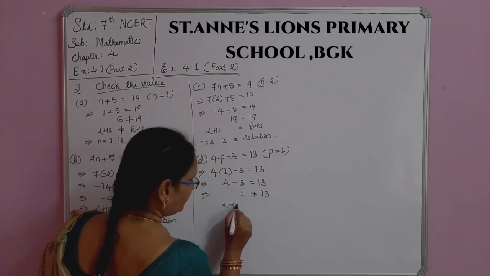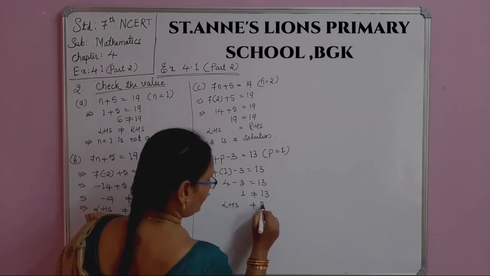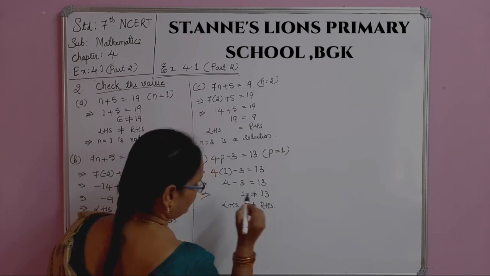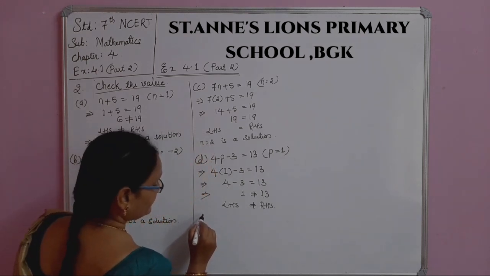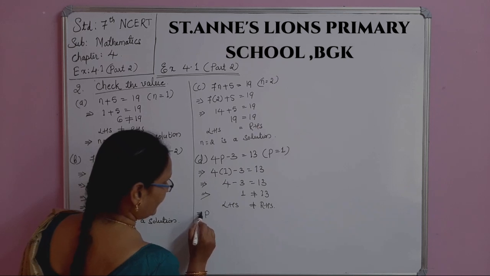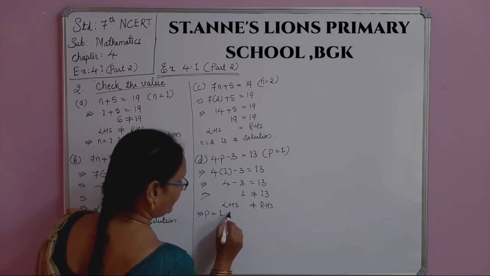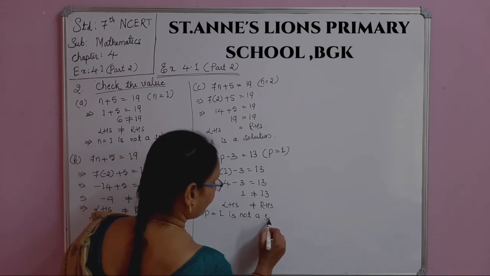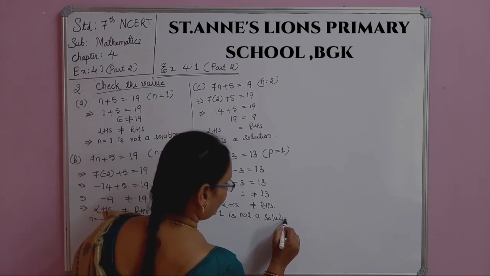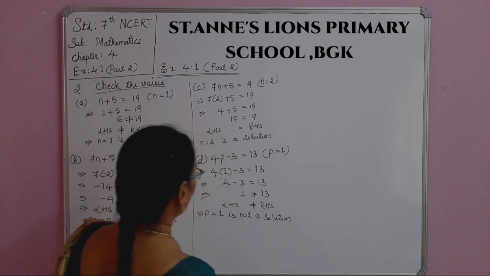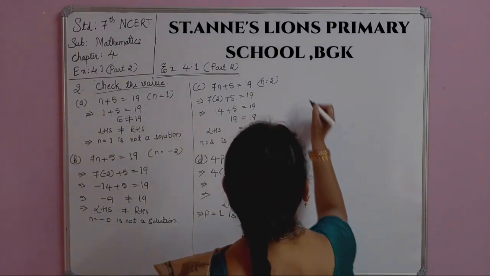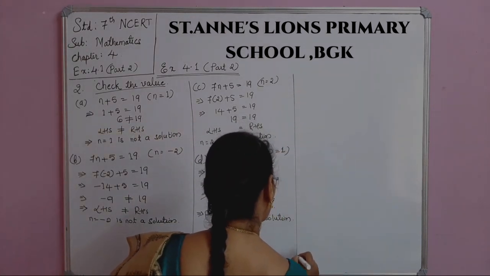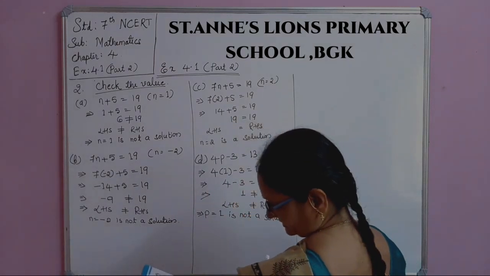So LHS is not equal to RHS. So p equal to 1 is not a solution. This is the fourth problem in the second main.